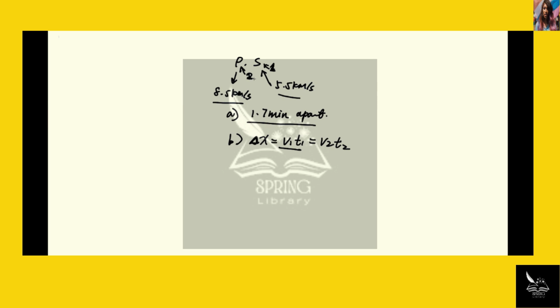So we have T1, because it has a smaller speed it takes longer to arrive, equals T2 plus 1.7 minutes, or let's use seconds. We multiply it by 60 to get 102 seconds. So we have V1 times T2 plus 102 seconds equals V2 times T2.